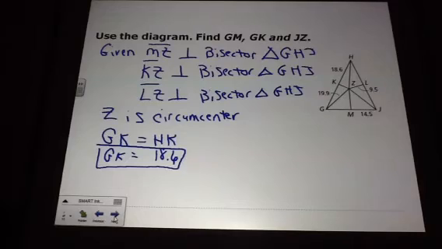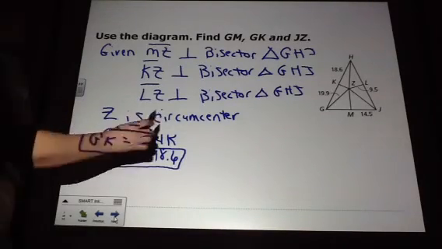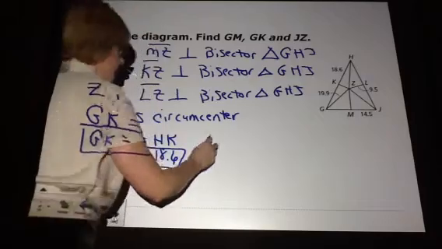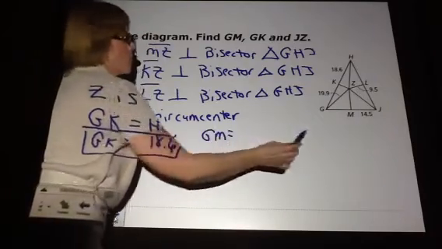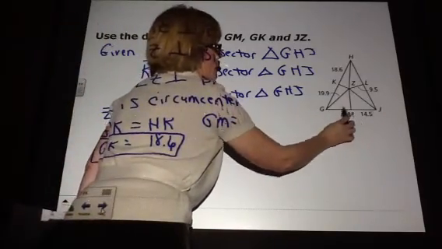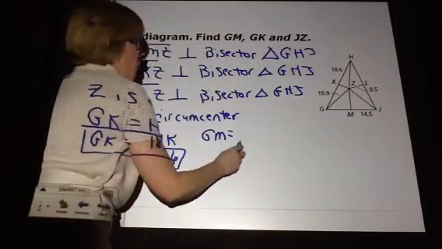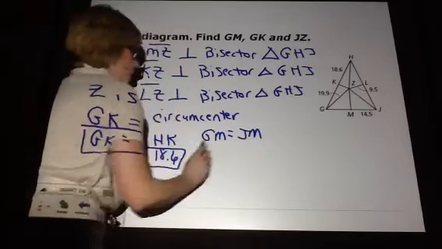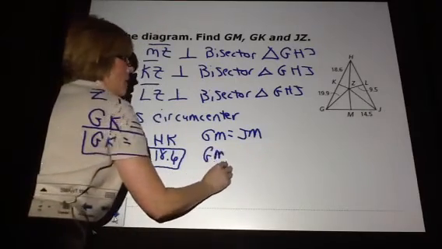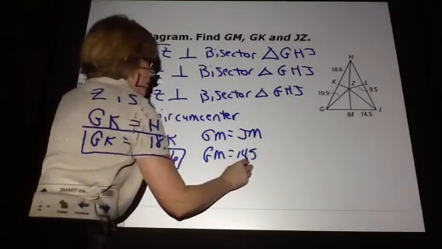All right, and then we need GM. GM is this right here. GM, well, MZ bisects GJ, so if JM is 14.5, that has to be equal to GM. So GM is 14.5.